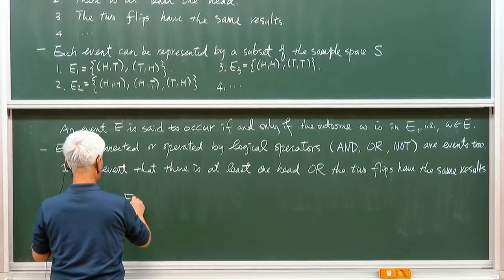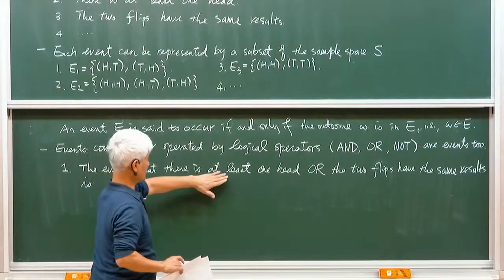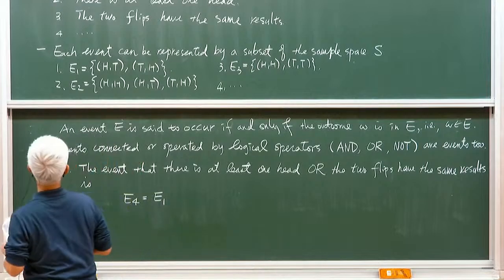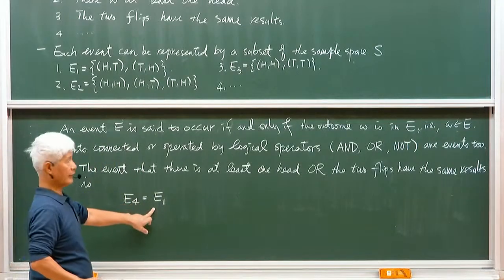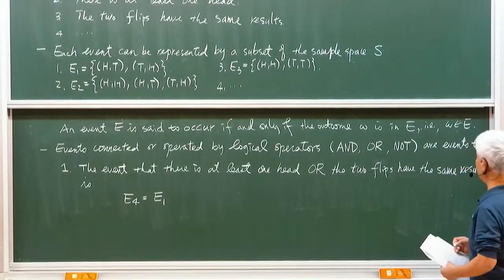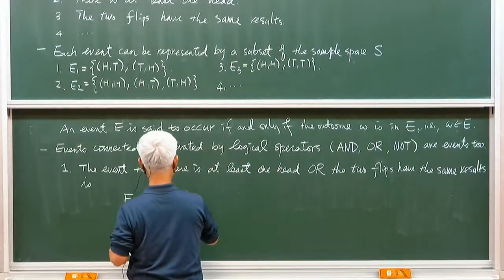So this is E4. E4 is that there is at least one head, so this is referred to as event number 1, or two flips have the same result, corresponding to E3.